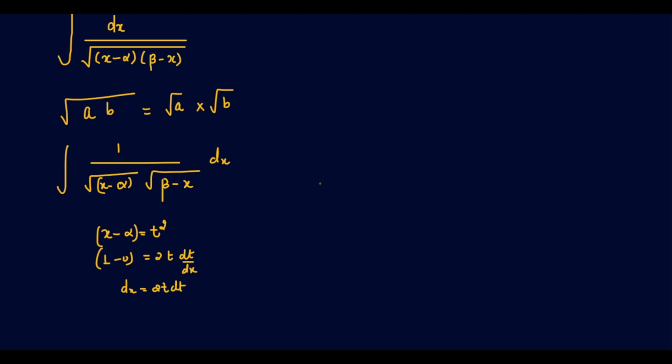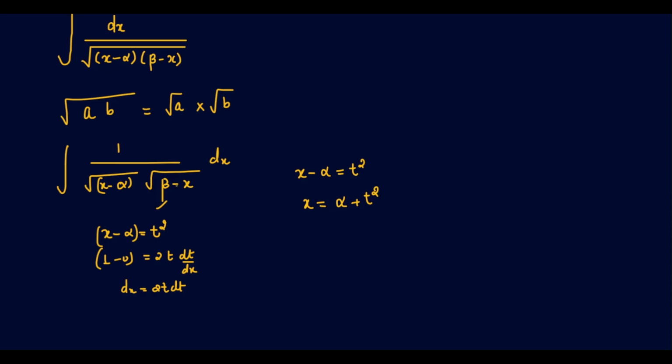Let's substitute everything. But if we are substituting, we have to substitute the value of beta minus x. But we don't have it right now. What we will do, we will write x minus alpha equal to t square, which is given here. We will take x as it is and take alpha on the other side. So you will write x equals alpha plus t square.